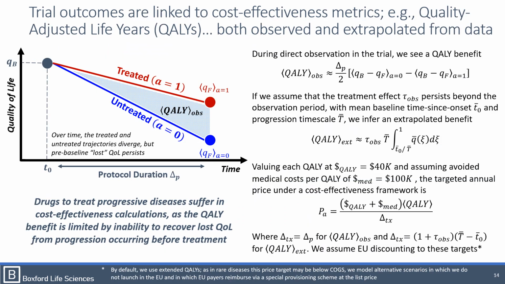From the trial outcomes and individual patients, seeing how the change in quality of life evolves from baseline to the end of the trial, we can calculate cost effectiveness metrics like quality adjusted life years.